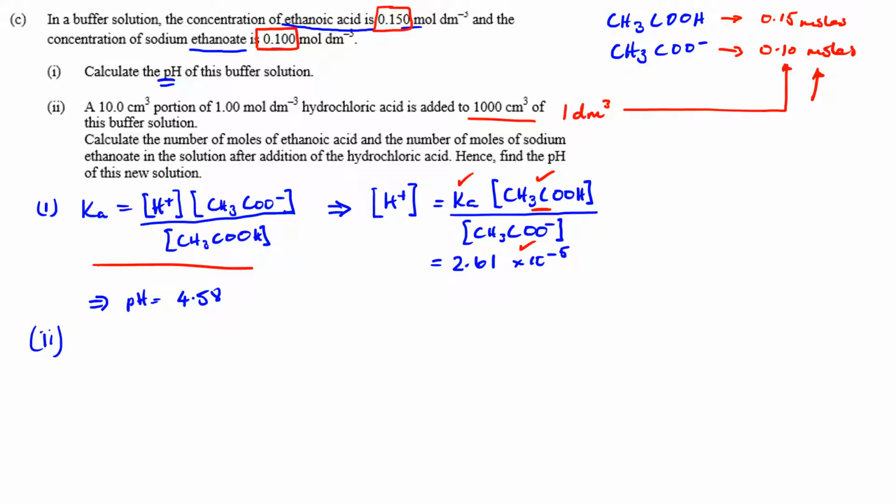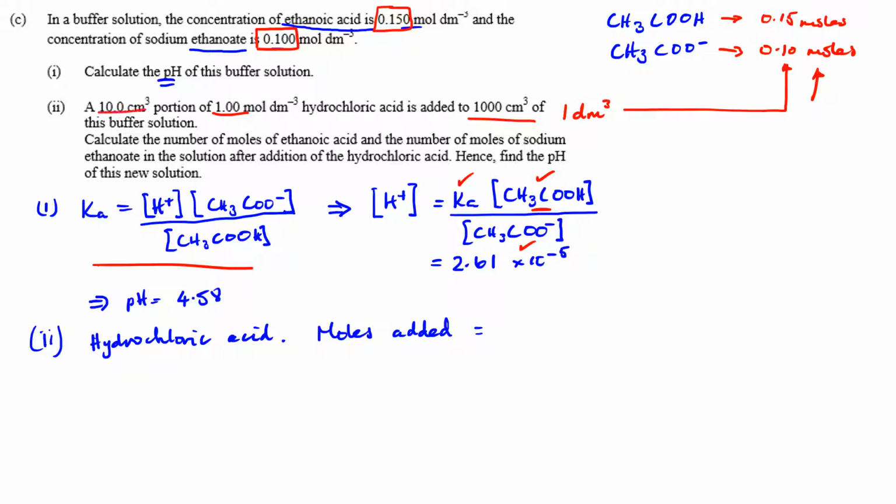So the first thing to think about is the acid that we're adding. So this is the hydrochloric acid. So the moles that we're adding: moles equals concentration times volume. Concentration is given in the question as 1.